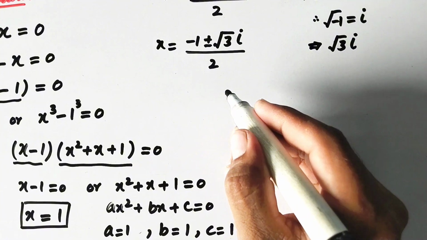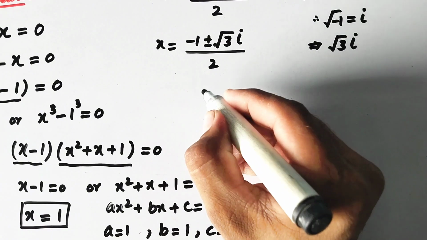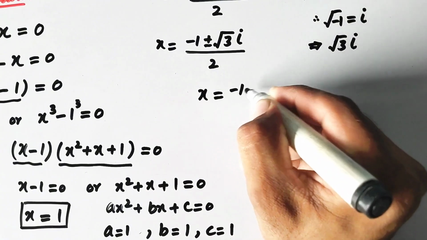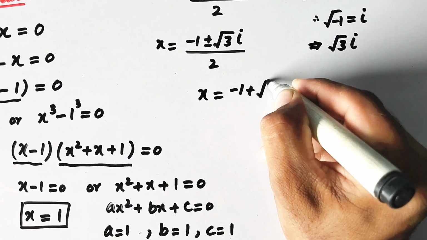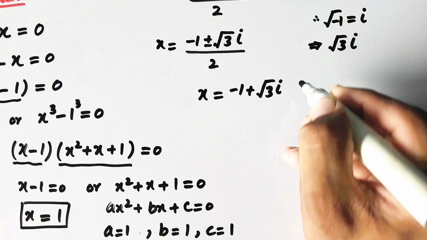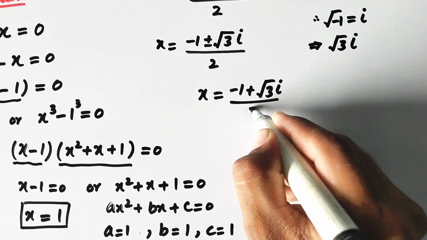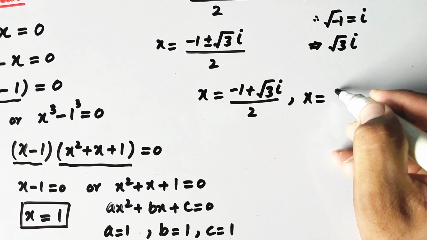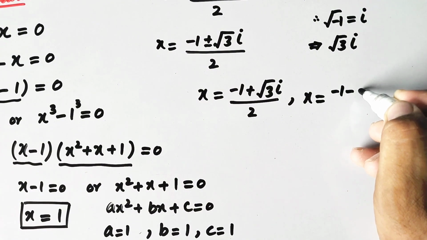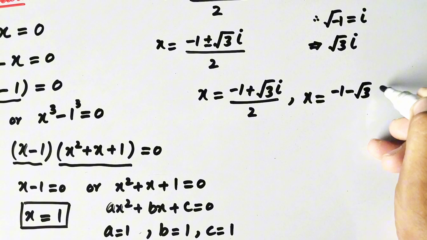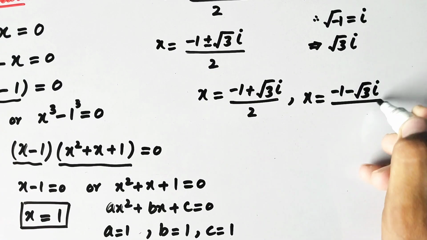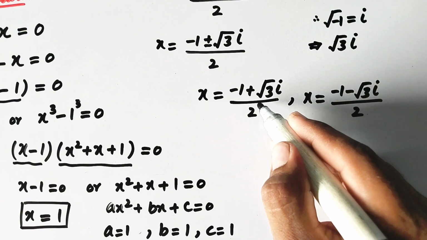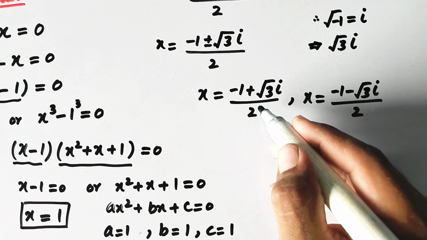So here we are getting two values of x, means from here we are getting also two roots of x, that are x equal to minus 1 plus root of 3 times i over 2, while the other root is x equal to minus 1 minus root of 3 times i over 2, and the values we are getting here are another imaginary number.